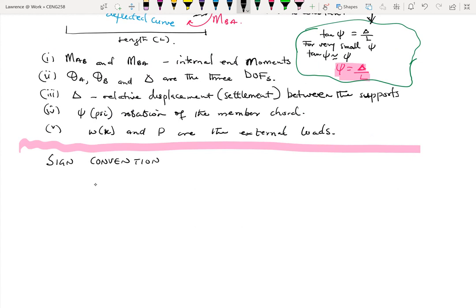Before we try to even solve this problem, let's look at the sign conventions. Okay. So one moment.